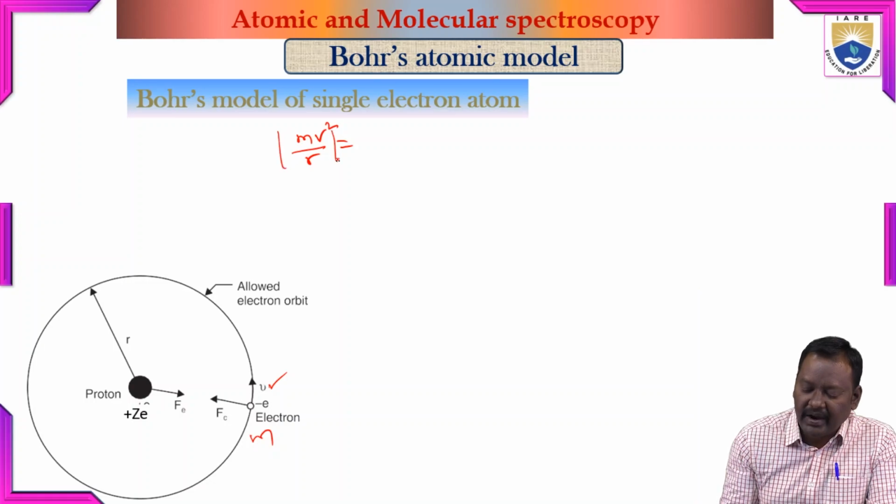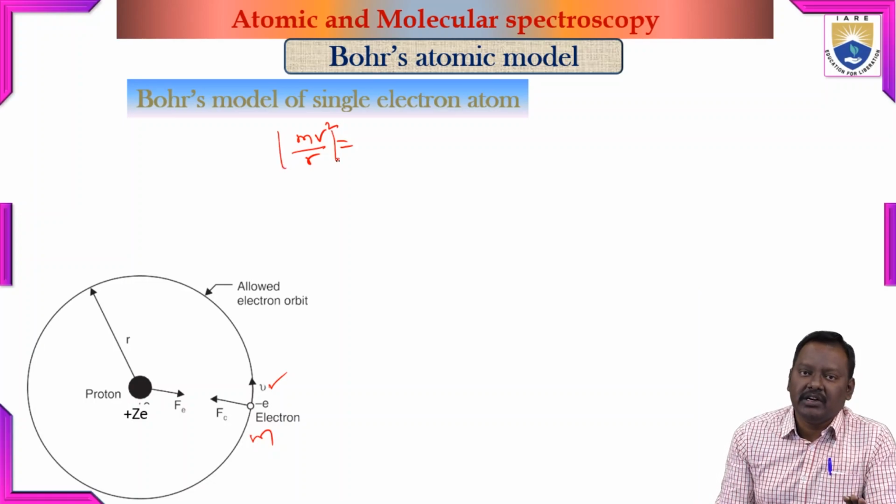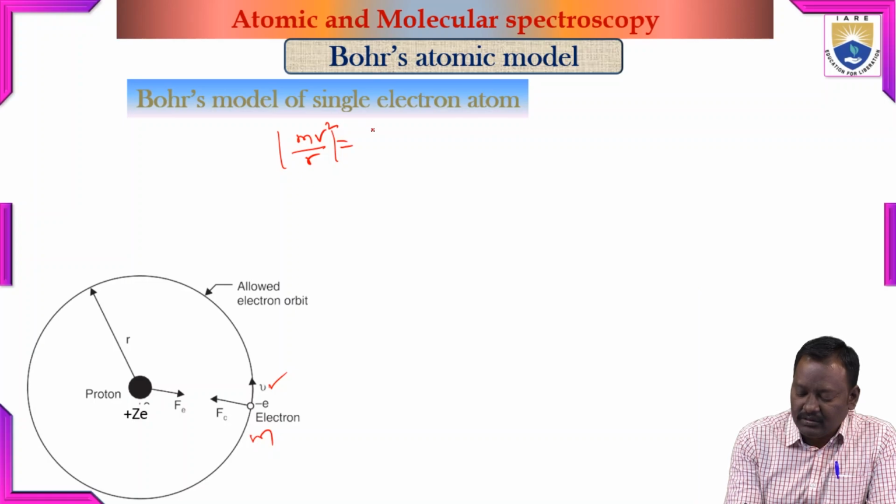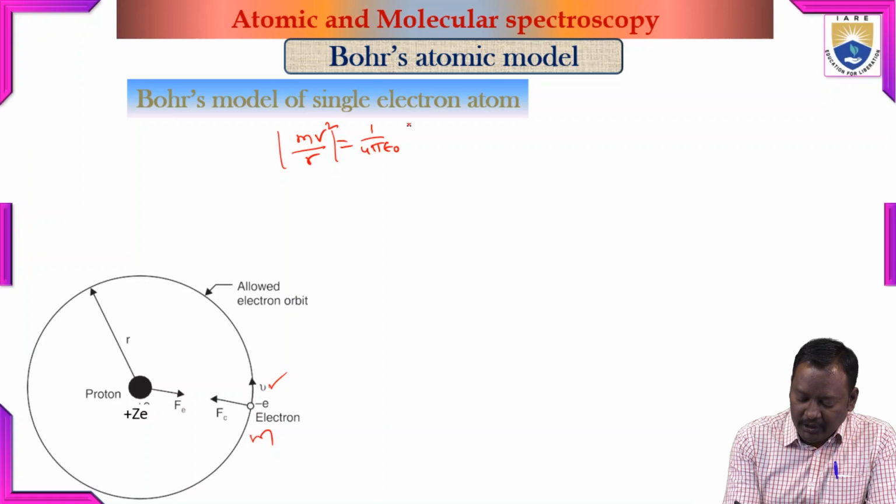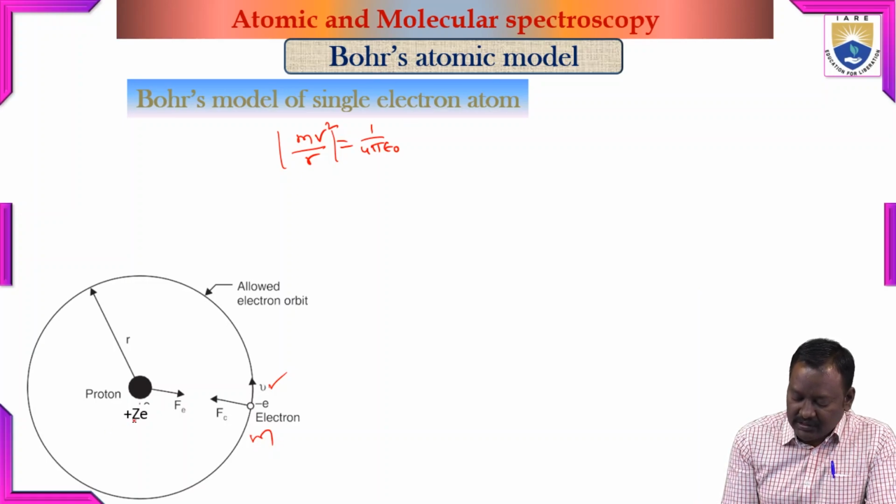So let us take magnitude. Magnitude should be equal on both sides. So here the Coulomb force is 1 by 4 pi epsilon naught, Q1 Q2 by r square, which means Ze into e. We are taking only the positive magnitude, that means Z e squared by r square.